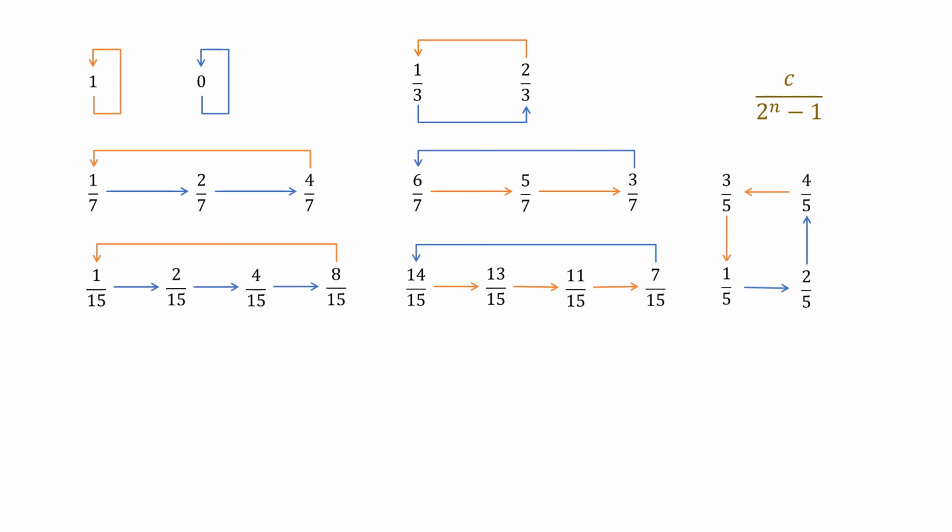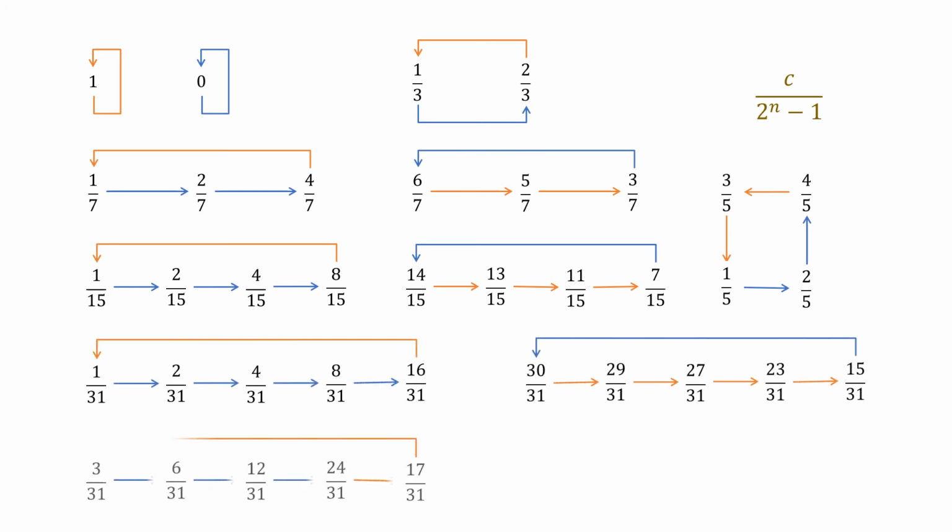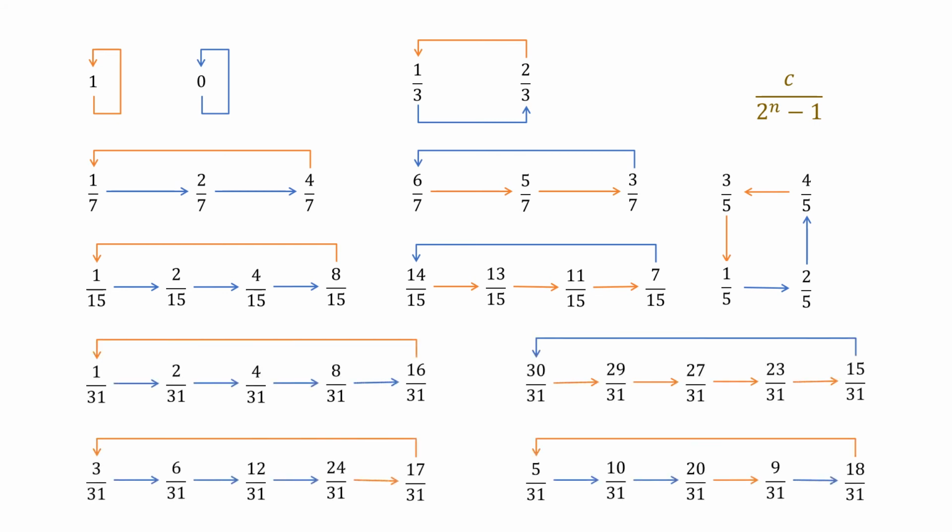So it turns out that having a different denominator doesn't stop the cycle from being of 4 as long as there are new fractions. Notice that I haven't specified that the numerator c has to be co-prime with 2 to the power of n minus 1. As for n being equal to 5, there are 6 cycles of 5 different numbers.